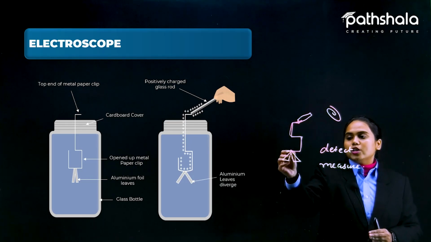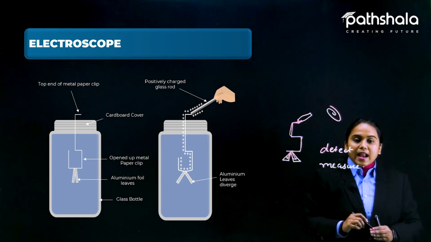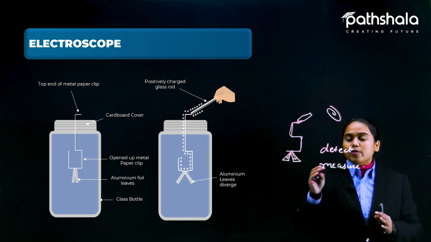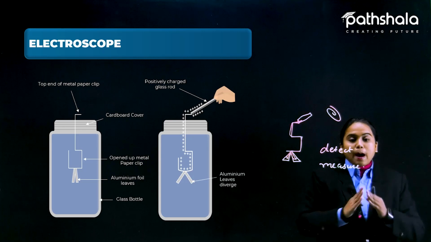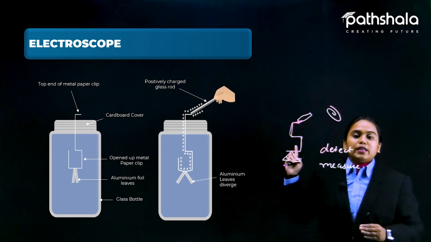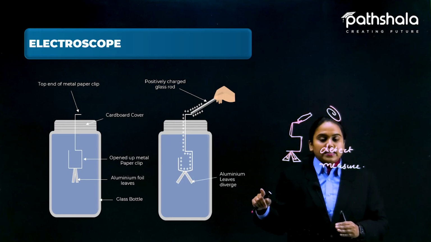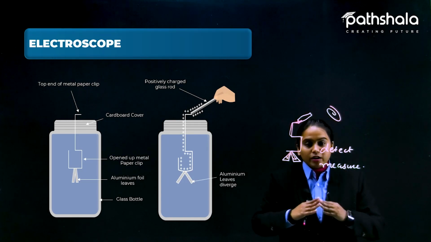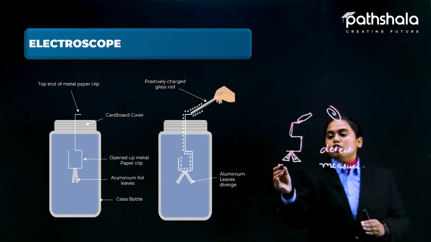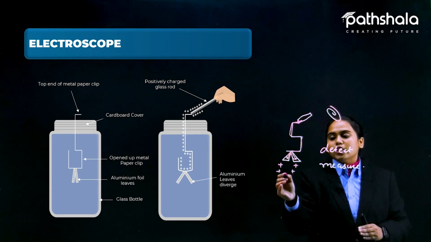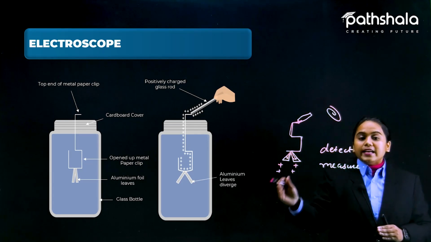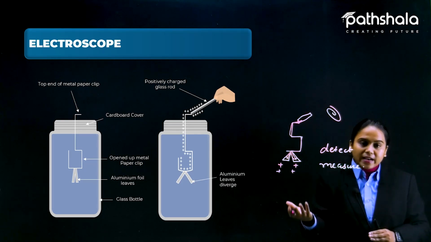Now these charged particles will get onto the aluminium foils also, and as you can see, the aluminium foils will move apart from each other. See the previous diagram and then the next diagram. You can see they will diverge. Why? Because both of them have positive charge, and like charges repel each other.